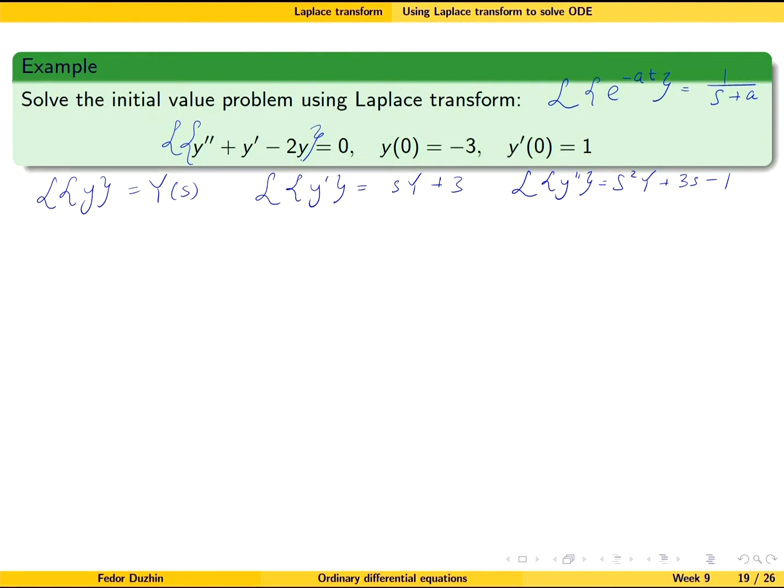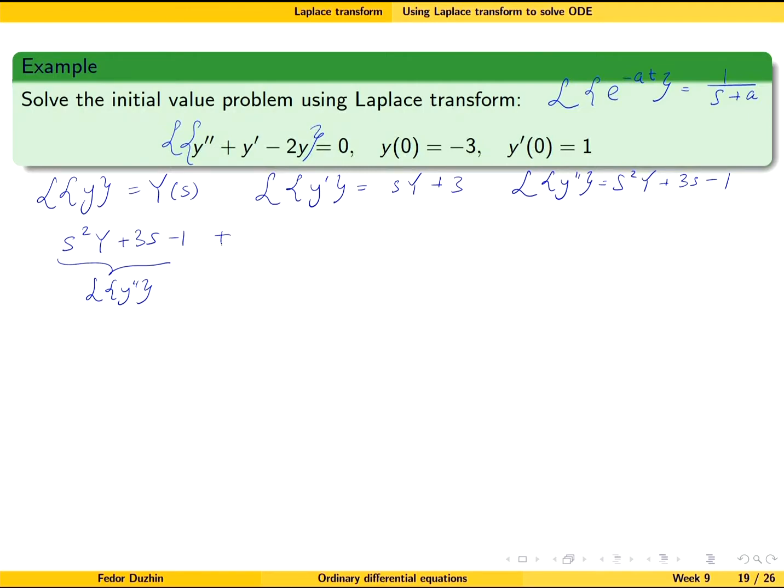So then, how does it work? The Laplace transform of the second derivative is s squared Y plus 3s minus 1, so this is the Laplace transform of y double prime.